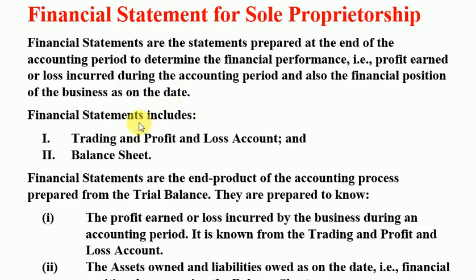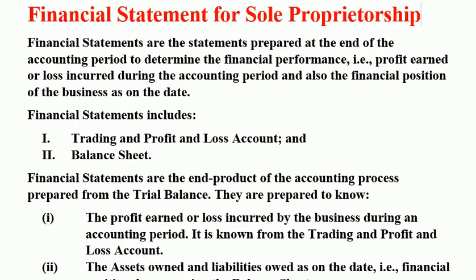So financial statements include, first, the trading profit and loss account, and second, the balance sheet. Financial statements are the end product of the accounting process, prepared from the trial balance. They are prepared to know the profit earned or losses incurred by the business during an accounting period. It is known from the trading profit and loss account.